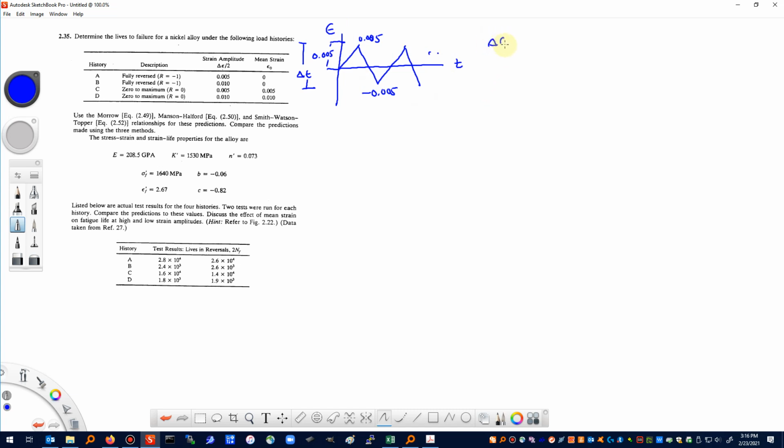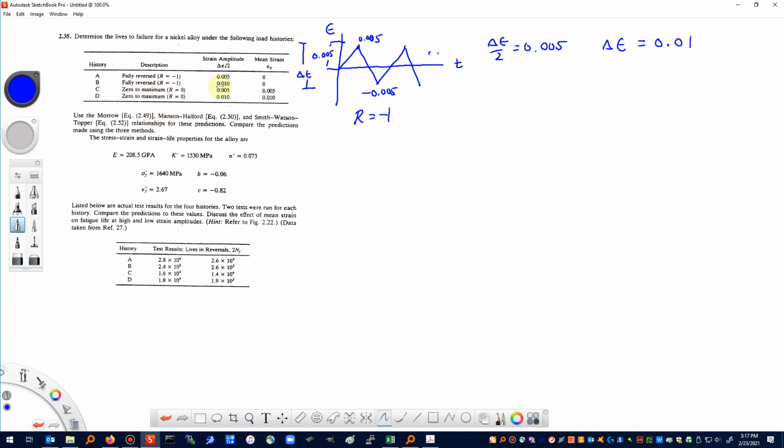So delta epsilon over 2 is equal to 0.005. And so our strain range from, say, here to here is going to be equal to 0.01. So this is the R equal to -1 situation.